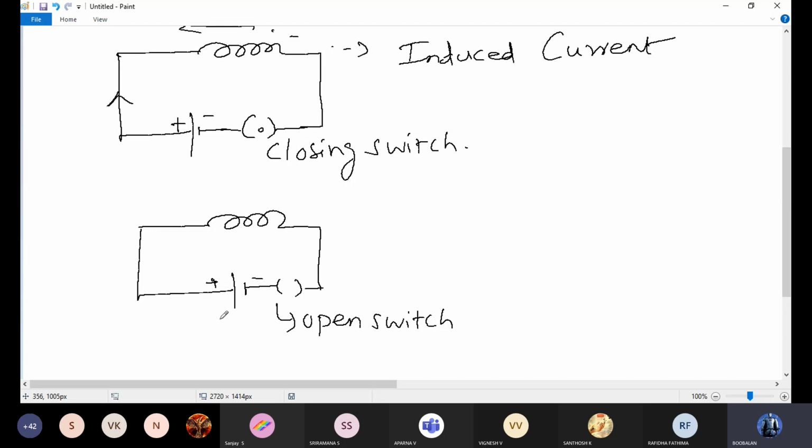The conventional current direction is positive to negative, and the induced current direction is also the same. Up to that, please note it.